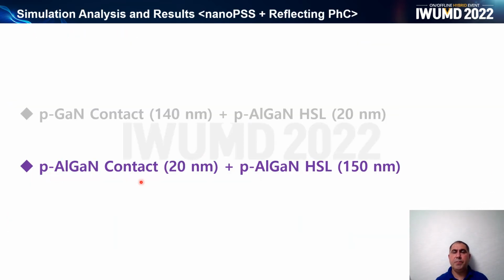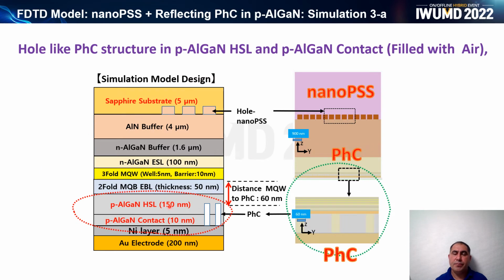Next, we introduced the p-AlGaN contact instead of the p-GaN contact in our model. Here is the simulation model shown in this device structure. Again, the PHC distance from the quantum well was 60 nanometers. And here is the PHC, and we used the same, most optimized nanoPSS, which gave 18% LE enhancement, in the same design.